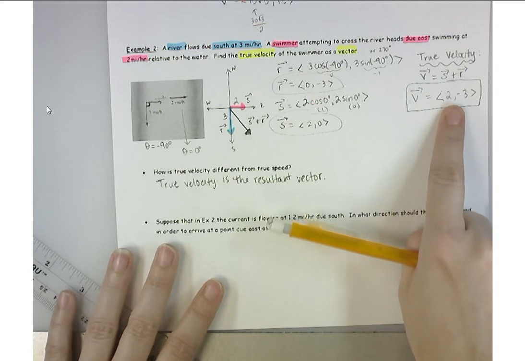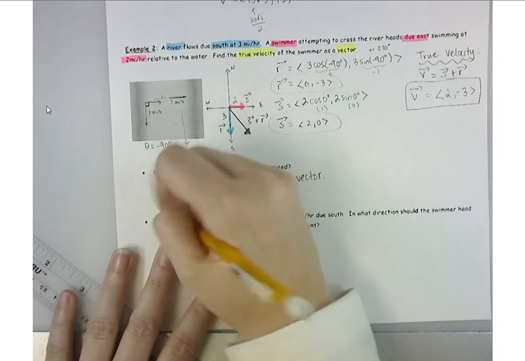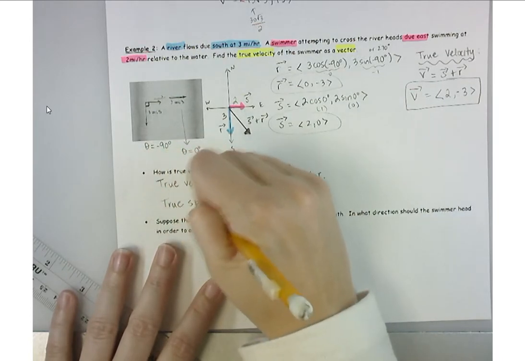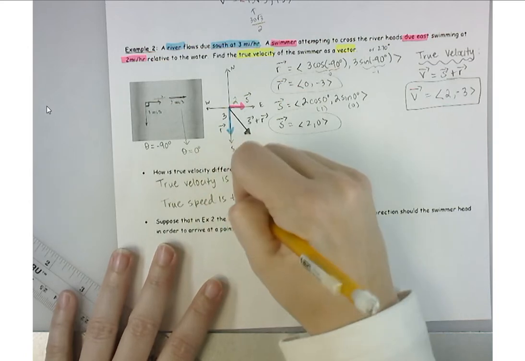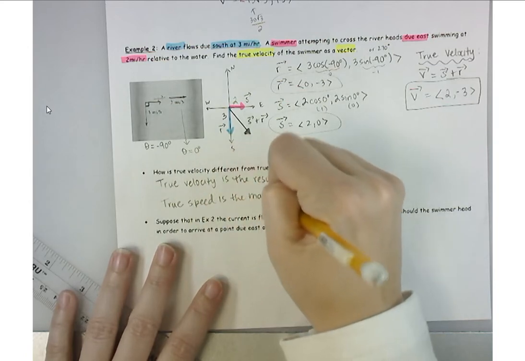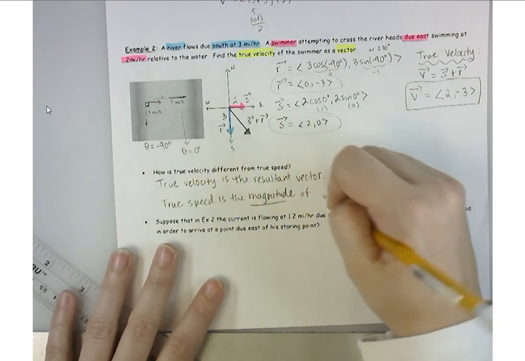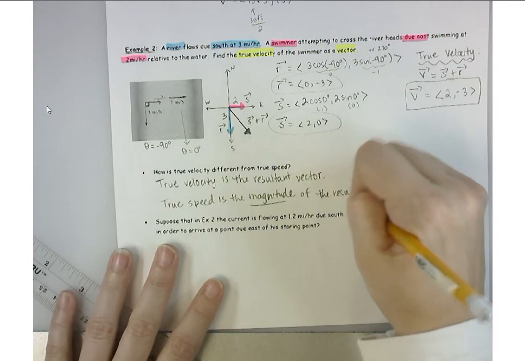By taking what? By the magnitude. So the true speed is the magnitude of the resultant vector.